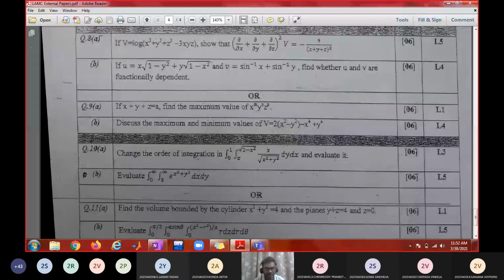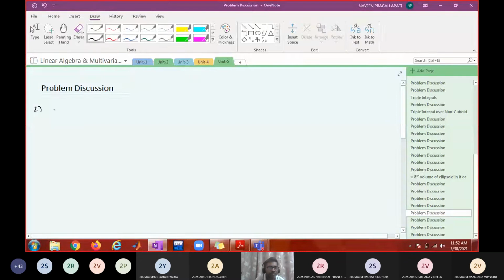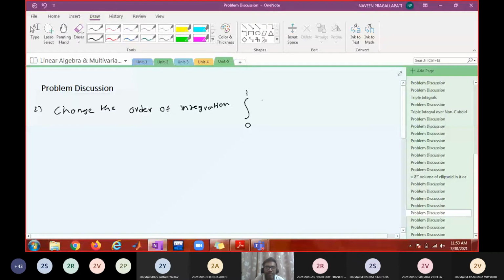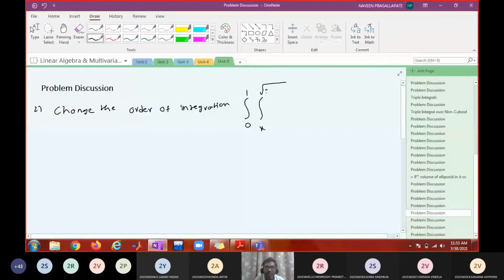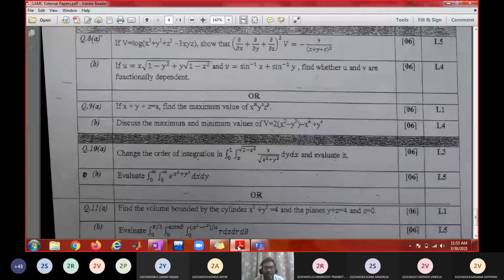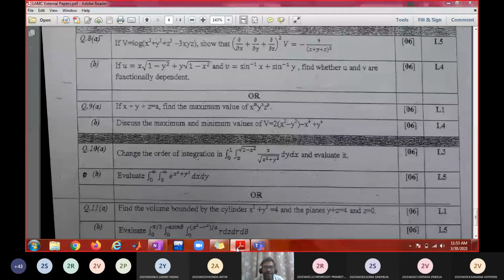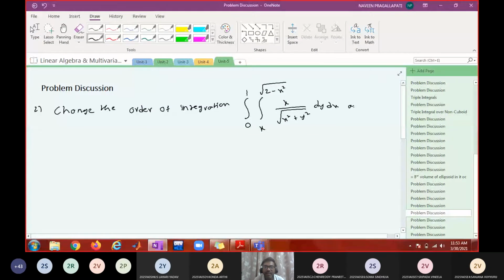Change the order of integration, 0 to 1, x to root of 2 minus x square, of x by root of x square plus y square, dy dx, and hence evaluate it.